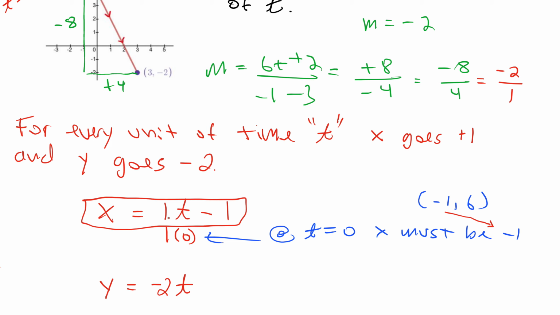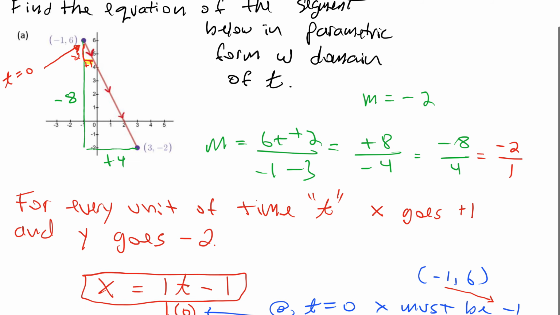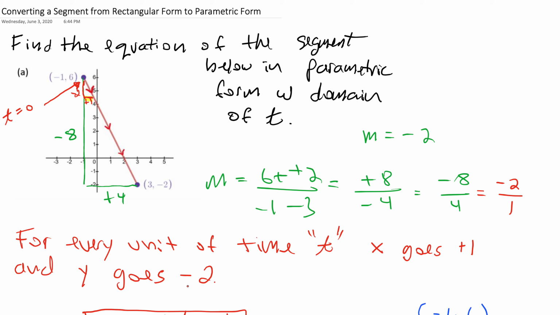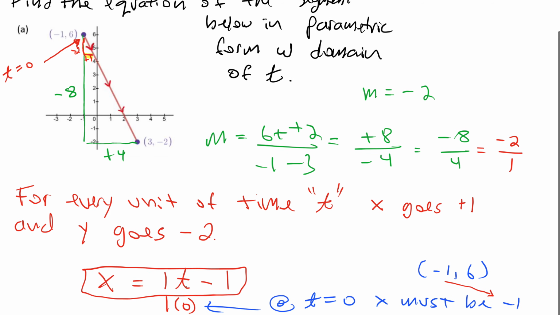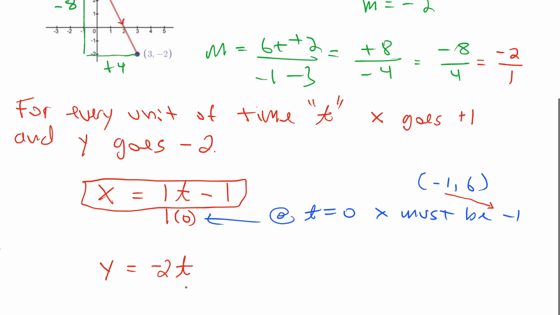If I had used the unreduced one, I would have had a 4 instead of a 1. Now, when time is 0, what is my y going to be? Positive 6.